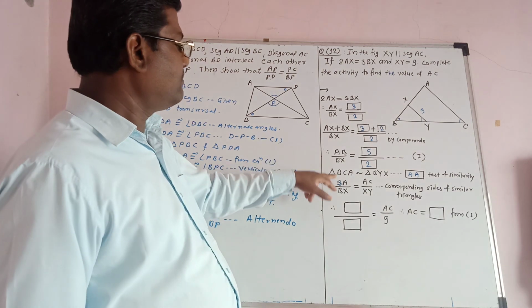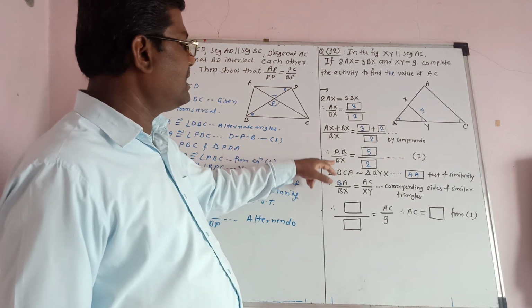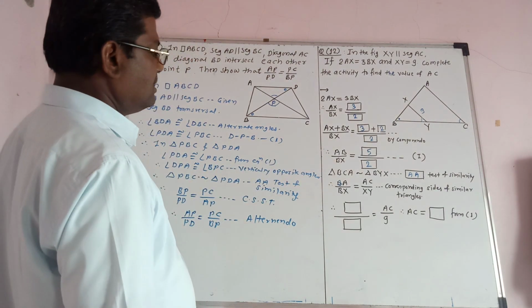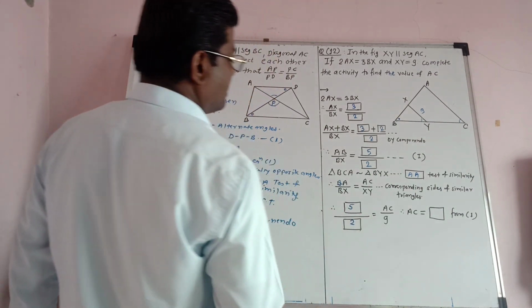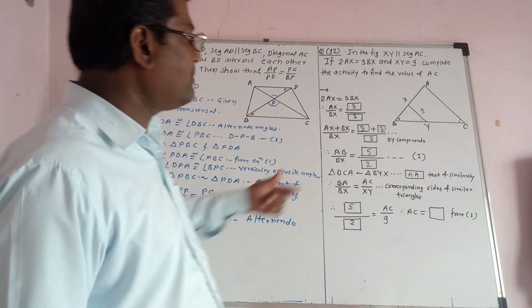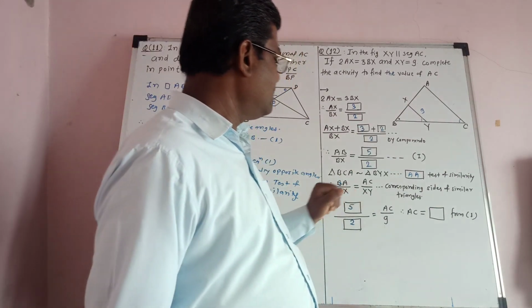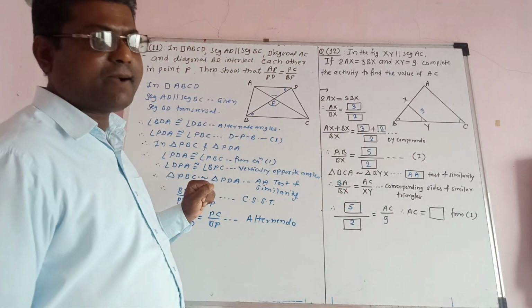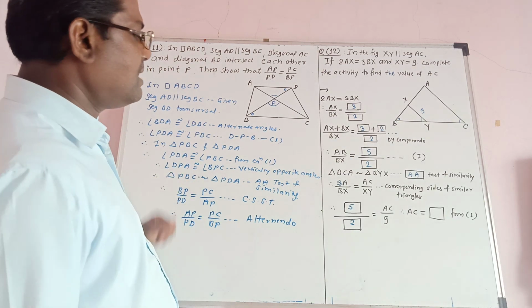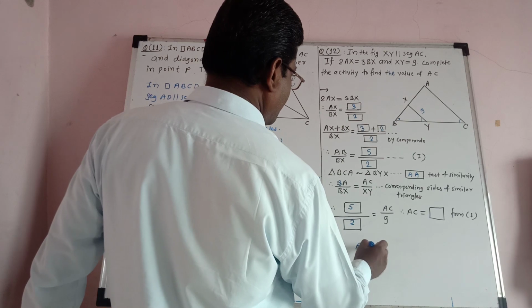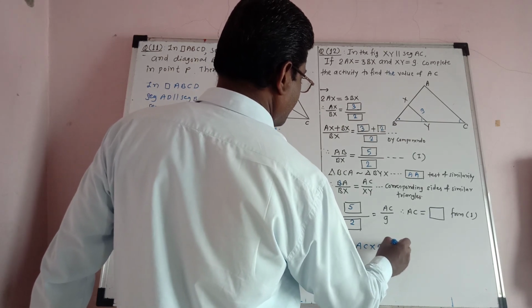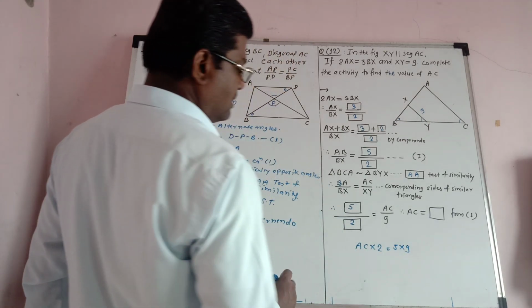Now BA upon BX means AB upon BX, which is given here as 5 upon 2, is equal to AC upon XY, and the value of XY is given here as 9. Therefore 5 upon 2 is equal to AC upon 9. We have to find AC. Cross multiplication: AC into 2 is equal to 5 into 9.